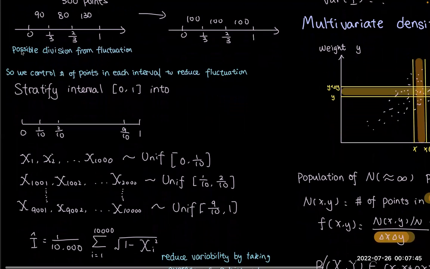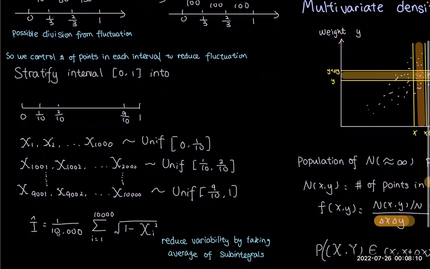For example, if we really implement this idea, we may divide the range of 0 to 1 into 10 intervals. And you sample 1,000 values in the first interval, another 1,000 values in the second interval, and keep doing until you get 10,000 points over the whole interval. So you have 1,000 points within each interval, and then you can calculate the average.